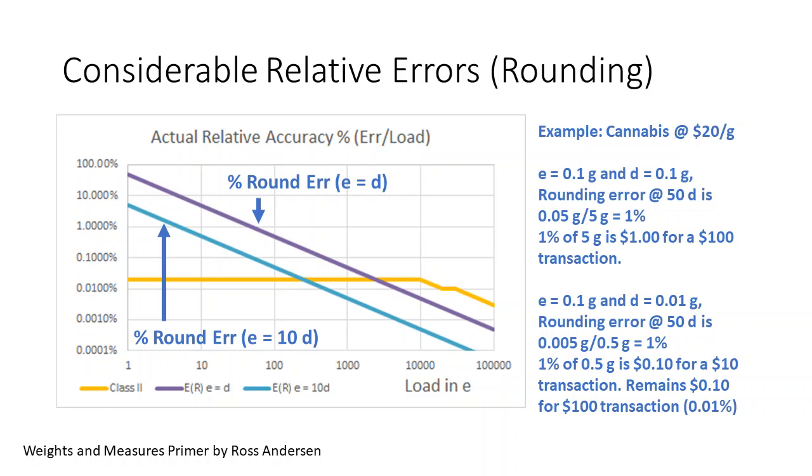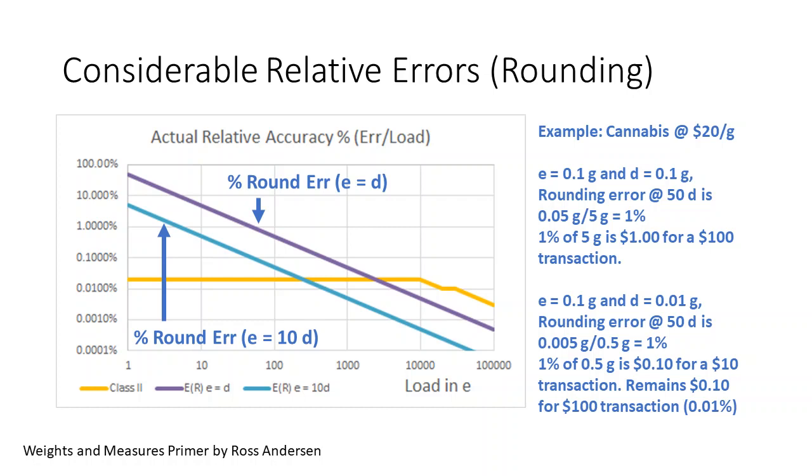For R76, a considerable relative error. The rounding error tapers down rapidly and reaches 1% at 50D, the minimum value of min for class 2. At $20 per gram, the rounding error of 1% of a 5-gram minimum load is $1 for a $100 transaction.